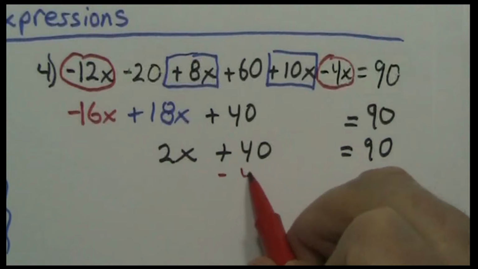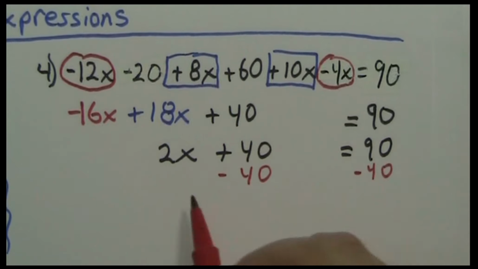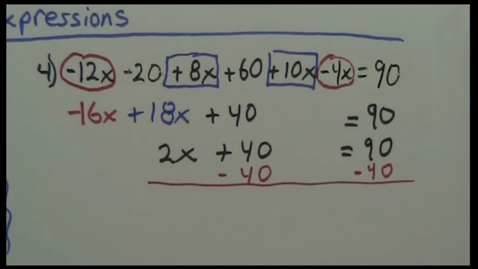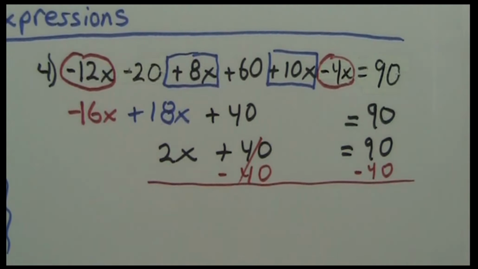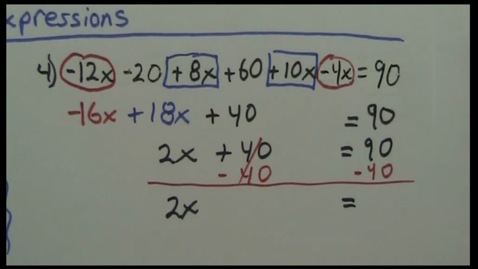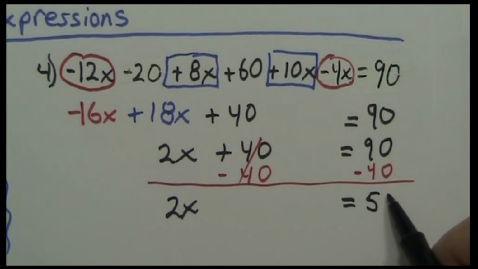I subtract 40. Okay, this is 0. That leaves you with 2x equals 90 take away 40, which is 50.